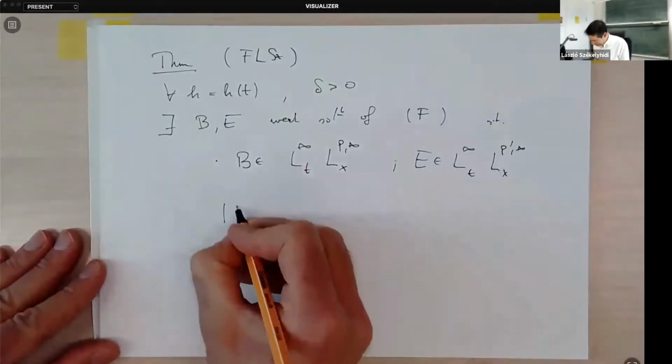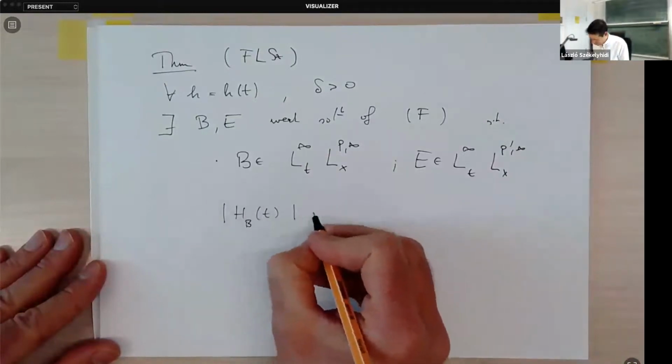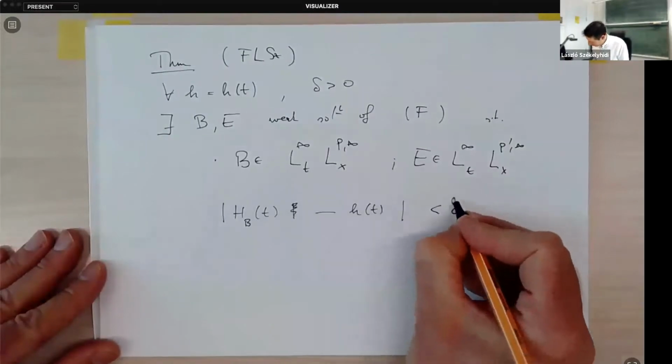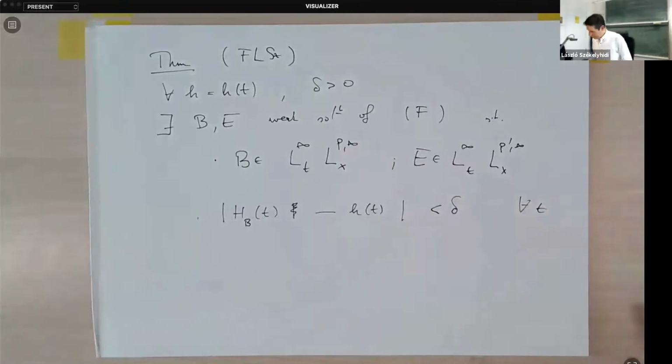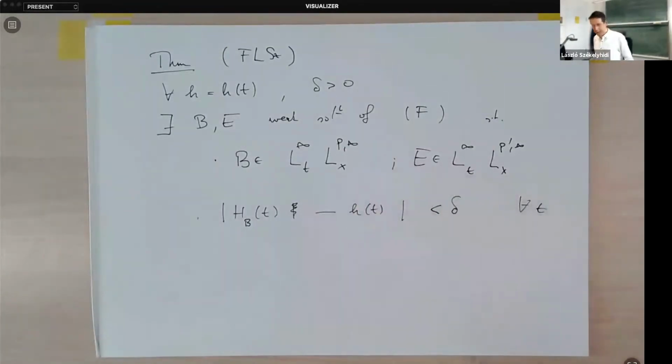And the magnetic helicity of this B is arbitrarily close to this prescribed function for all t. So it sort of tells you that the previous result is optimal.